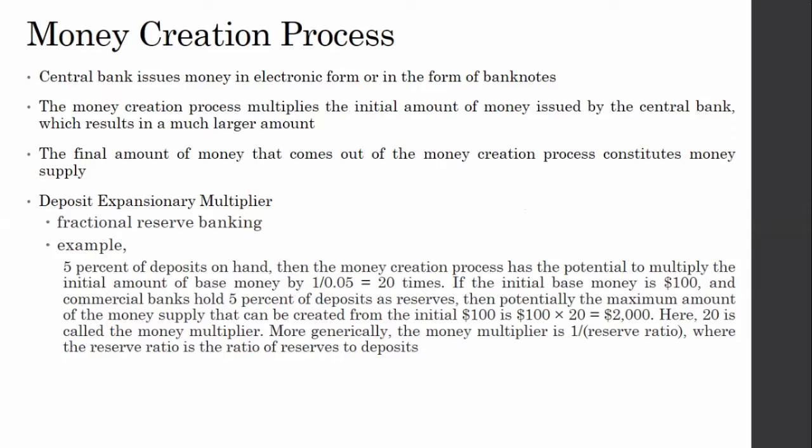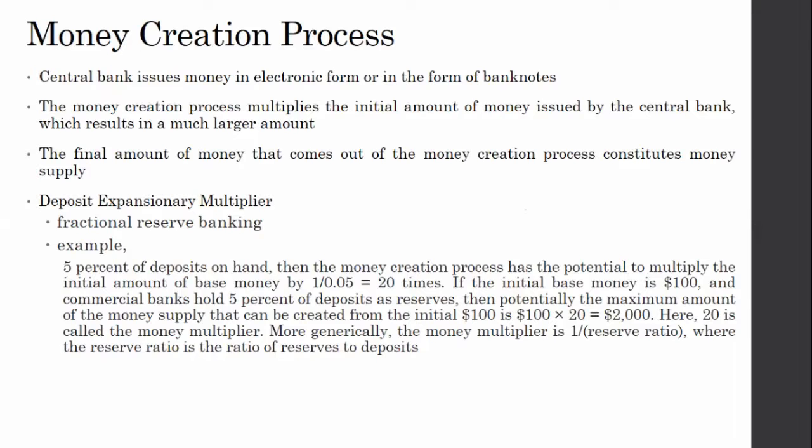So unless the people decide to keep the money 100% in hand, this process will continue, until people decide to hold only up to a certain level of cash in hand, and the extra cash beyond this level will be deposited somewhere. So these deposits will increase the money, right? So that is the money creation process.